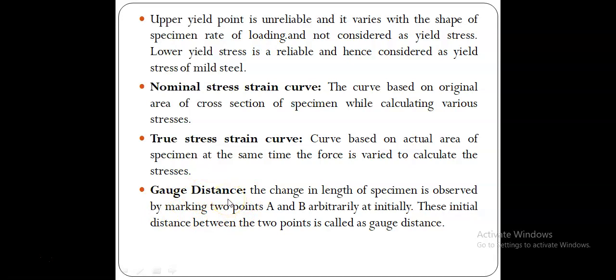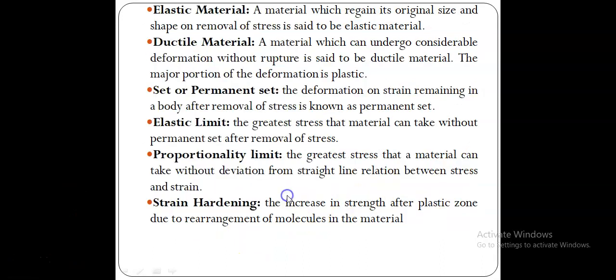We mark any two points within that length of the bar, and this is for taking the deformation. So within this gauge distance, the deformation is observed at different loads. That distance between these two points, arbitrarily fixed, is called the gauge distance.